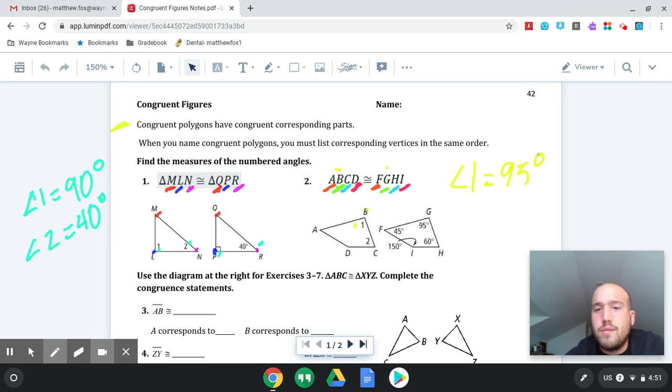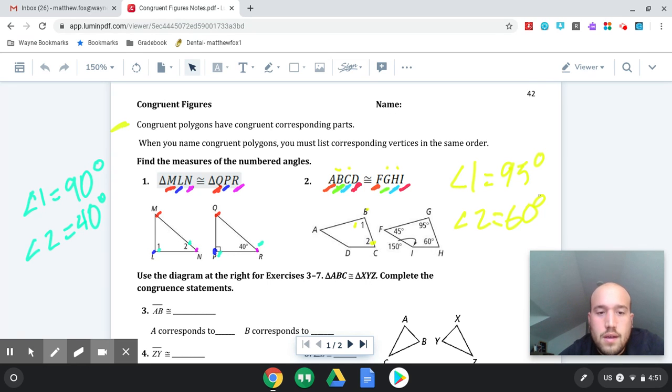And the answer is going to be an obtuse angle. Now, our second one, angle 2. Angle 2 is letter C. C matches up with H because they're the third ones, so that will be 60 degrees. Now think for a second, what type of angle is that? And the answer is acute.